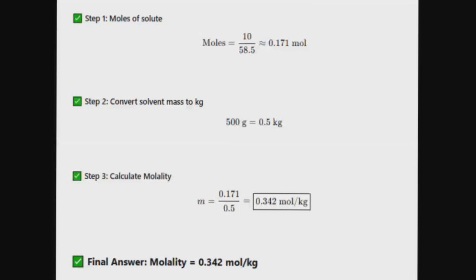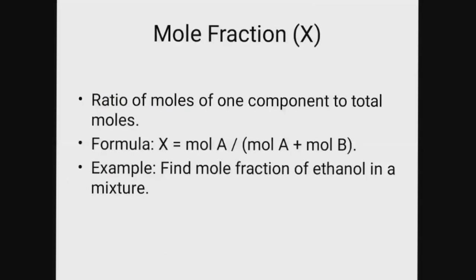If any unit appears on top and also on the bottom, you cancel it out. Then for the ones that did not cancel, you write them starting from the unit in the numerator and ending with the unit in the denominator. So this is 0.342 mole per kilogram. Then your mole fraction is the ratio of moles of one component to total moles.